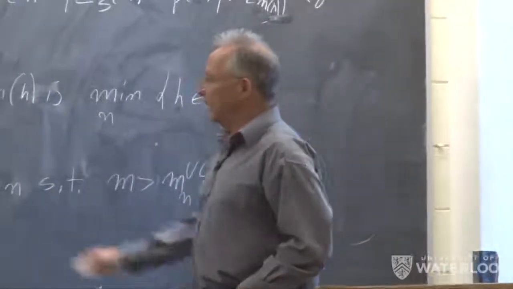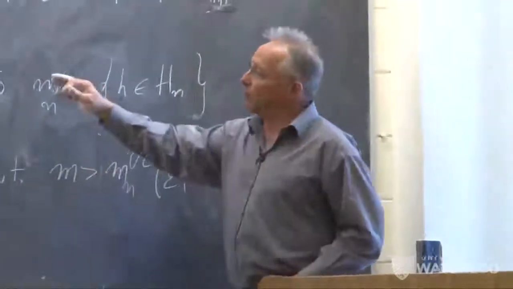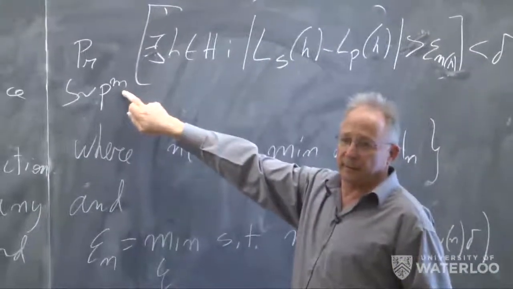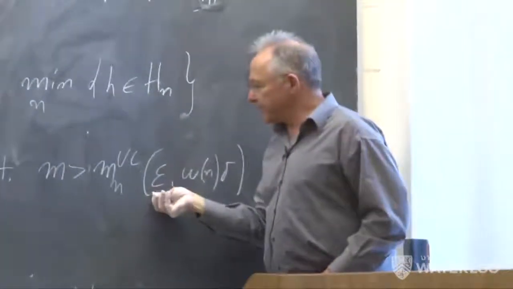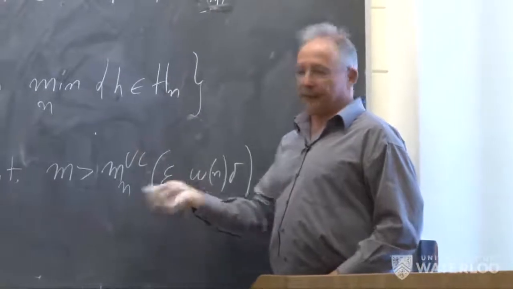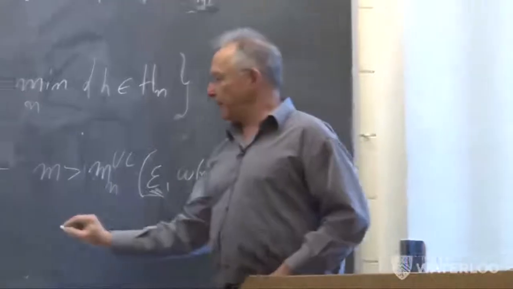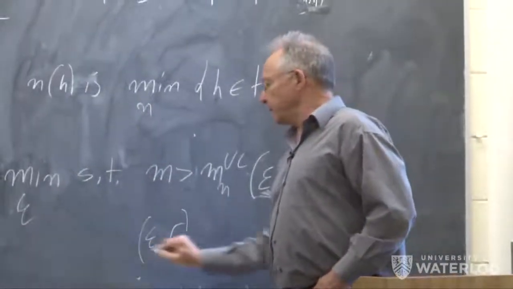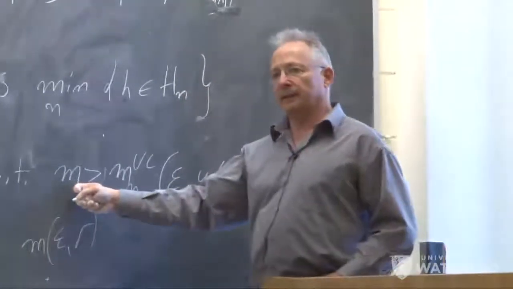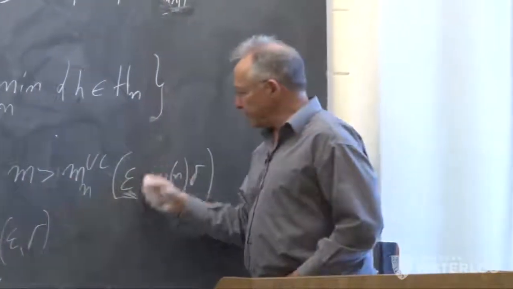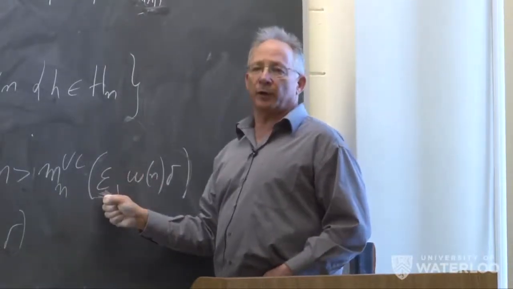And now epsilon n is, I mean, we are given some sample size. I'm asking with this sample size, to what precision can I learn the class Hn? I'm kind of reversing. Before, we had epsilon and delta, and we computed m of epsilon, delta. Now I'm given m, I fix my delta, and I ask what epsilon can I tolerate?